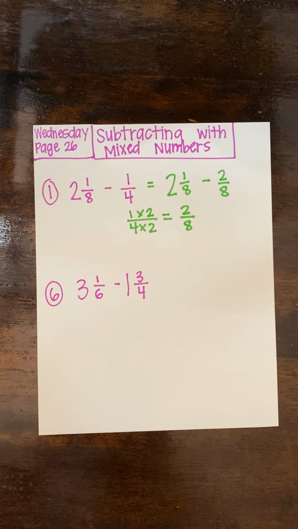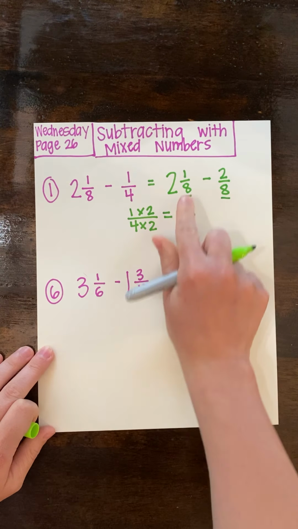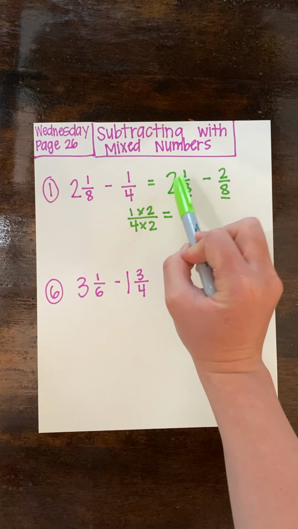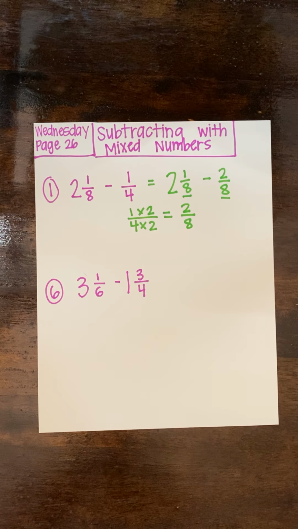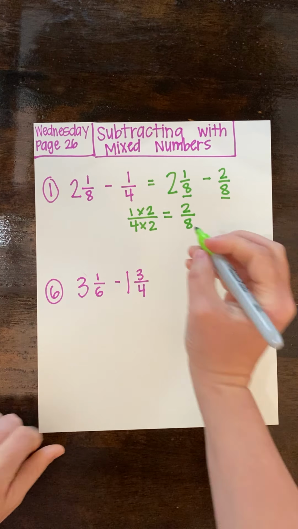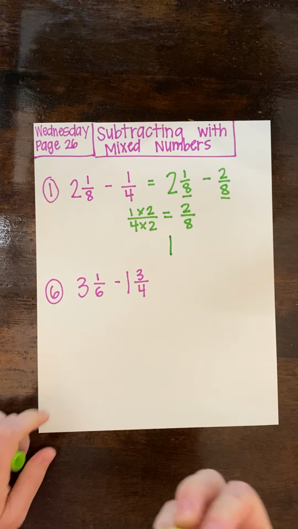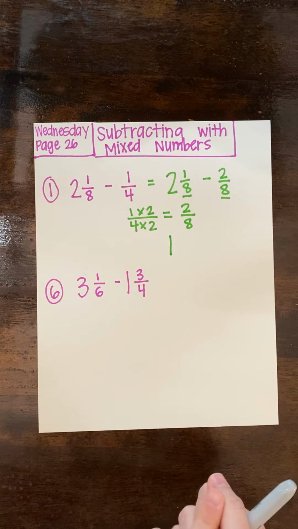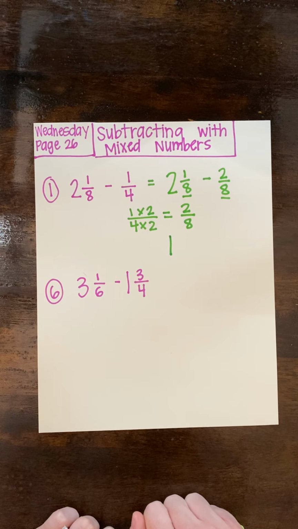But when we're subtracting, we have to look at the fraction and see if we can just subtract those. So I have 1/8. If I have 1 of something, I cannot take 2 away. So what I'm going to have to do is pull out 1 whole and change it to a fraction. So if I take 1 whole away from that 2 will become a 1, and I know that I can change the 1 that I took away into a fraction, and 1 whole is equal to 8/8.